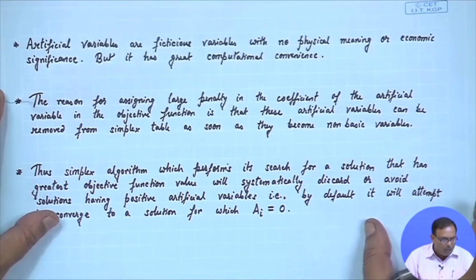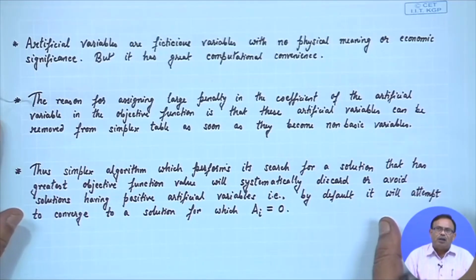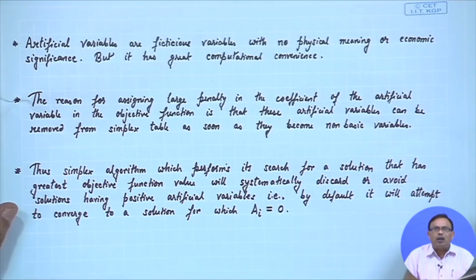Please note this one, it has great computational convenience, that is, for computational purposes we have used this artificial variable. The reason for assigning a large penalty in the coefficient of the artificial variable in the objective function is that these artificial variables can be removed from the simplex table as soon as they become non-basic variables.